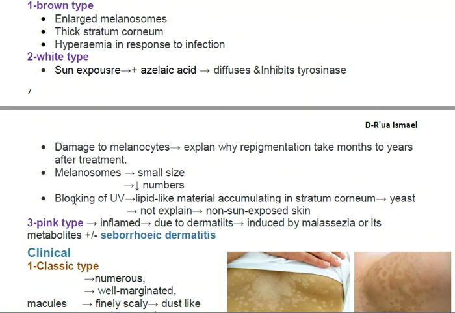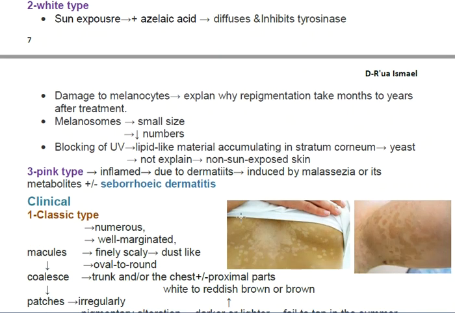There is a doubt about this theory, which involves the blocking of ultraviolet rays by the lipid material accumulated in the stratum corneum from yeast and its metabolites. But this doesn't explain the disease in non-sun-exposed areas.